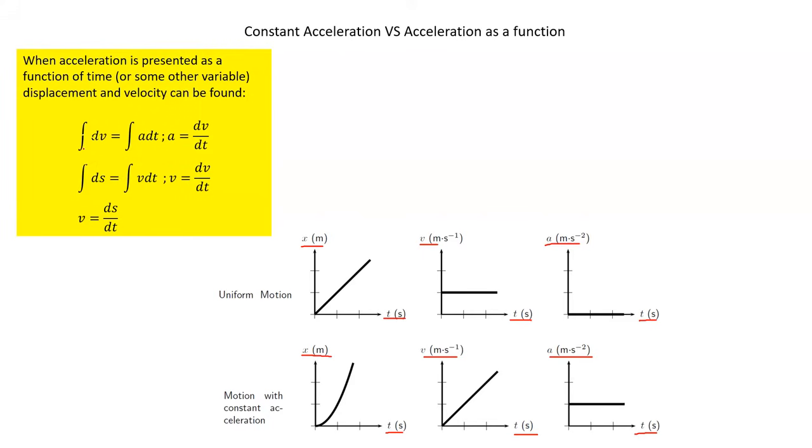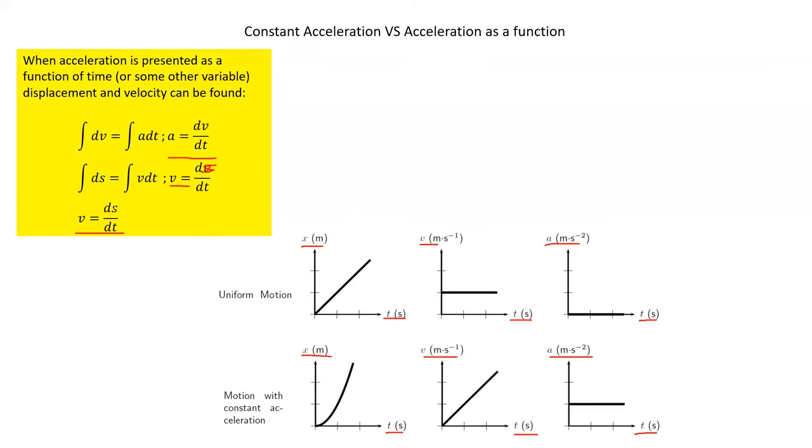Here you have the integration of acceleration with respect to time giving velocity, or this particular equation: acceleration is the derivative of velocity with respect to time. And the same can be said working backwards to displacement. Velocity, that should be displacement, is the derivative of displacement with respect to time. So this equation here should have been up there.